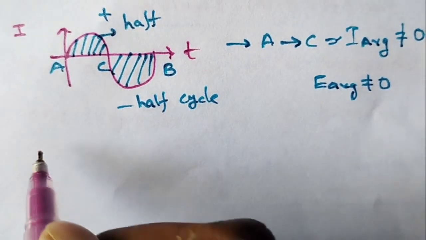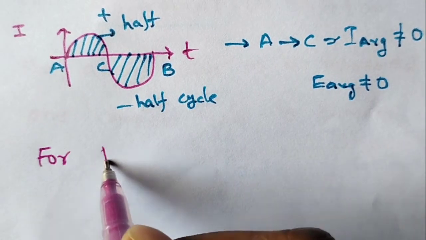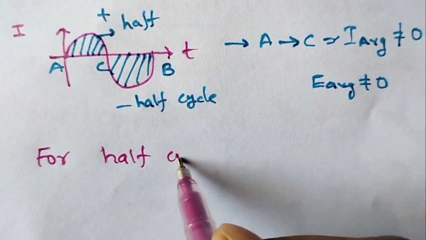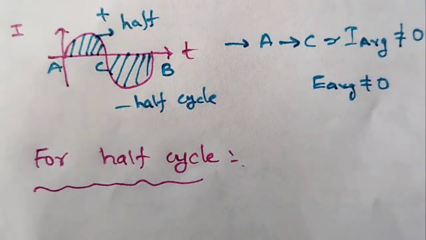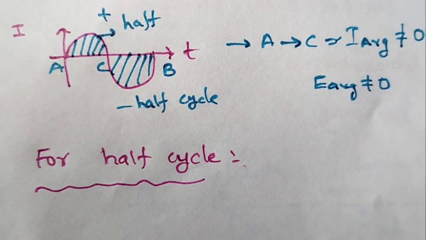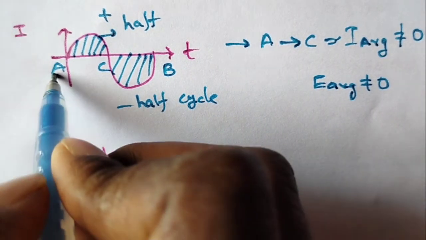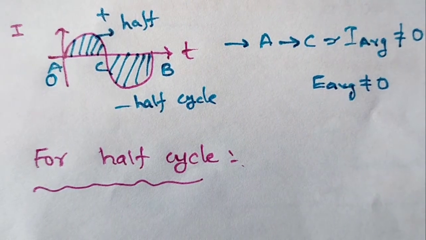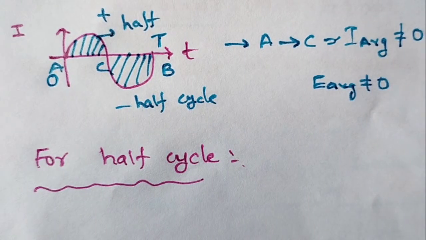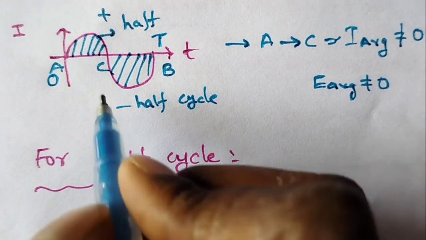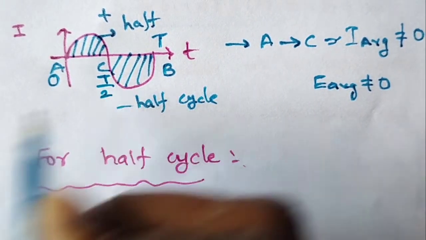So for the half cycle, how much is the value? In the half cycle you can take some time values. This is the 0 time. The complete cycle is capital T, and for the half cycle the time period is T by 2.